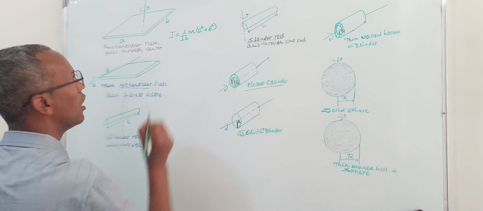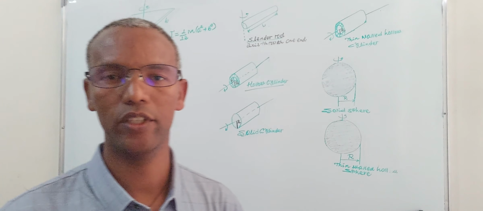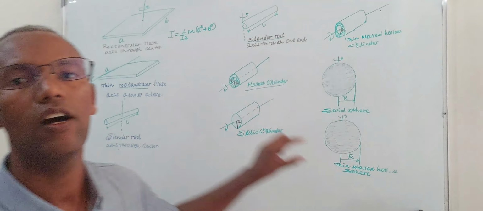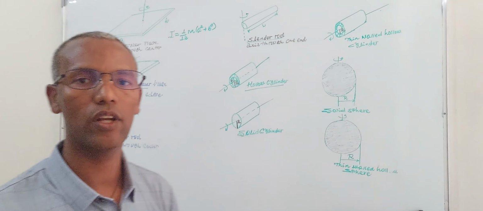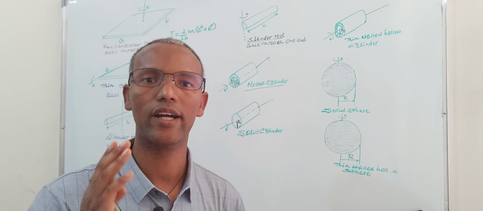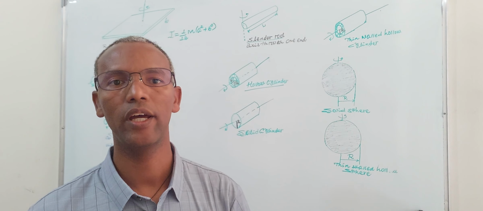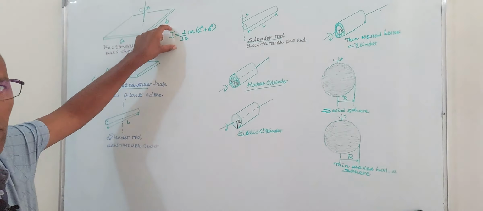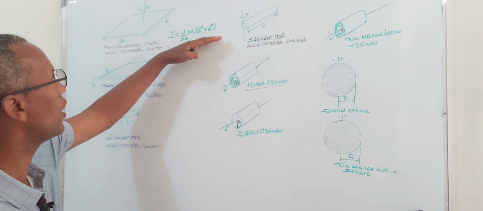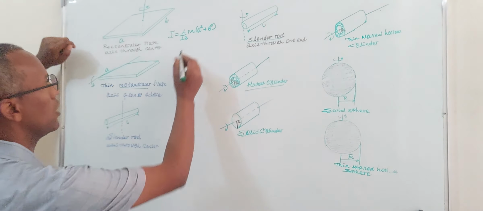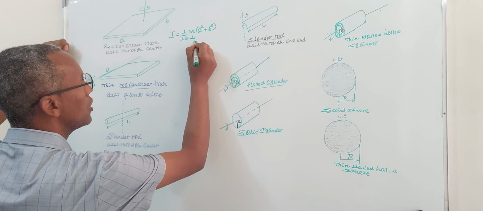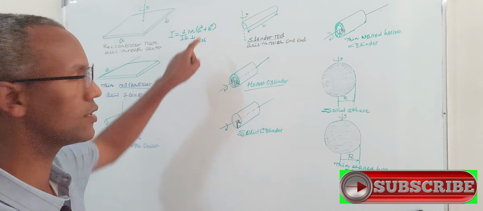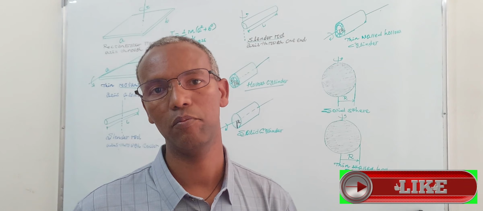This is how to find the moment of inertia, or rotational inertia, of a rectangular plate when the axis of rotation passes through its center. Don't confuse yourself: this is the mass, this one, a, is the length, and this is the width, b.